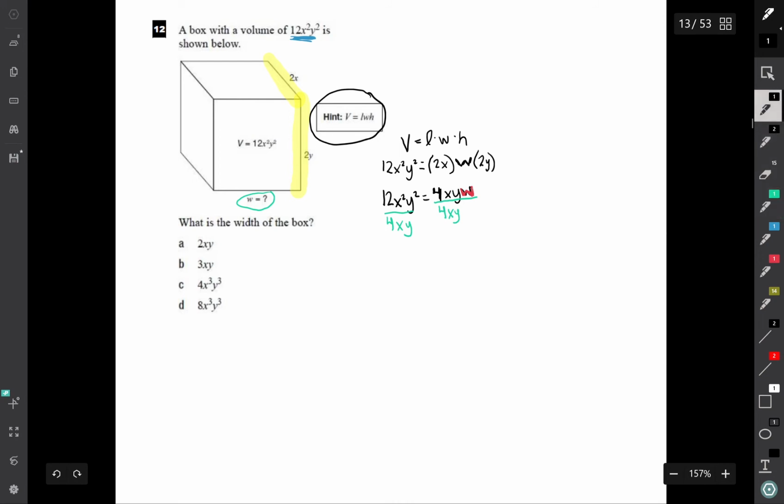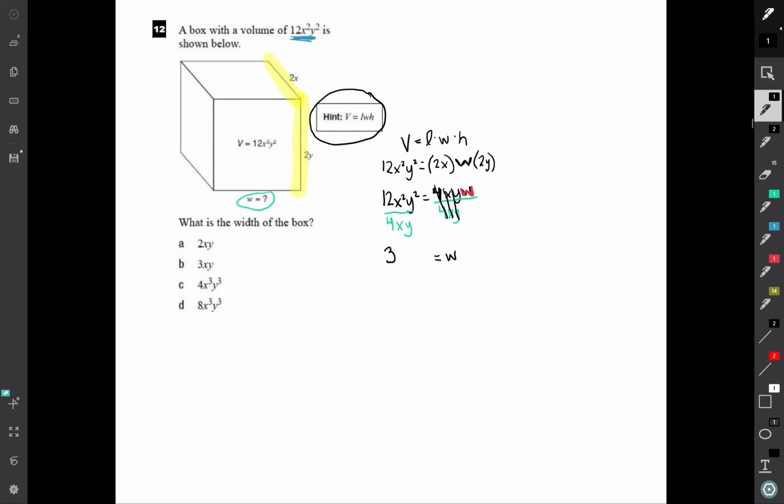Okay, and when we do that, we get some canceling out. Cancels out, cancels out. And then here we can do some simplifying. So on the next line, all that would be left on the right side would be W. And let's simplify the left side. So we start by simplifying our numbers. 12 divided by 4 is going to give us 3.